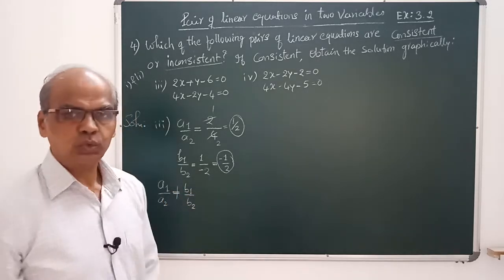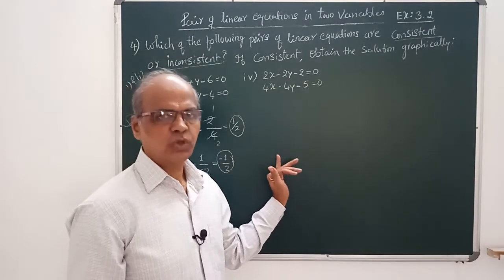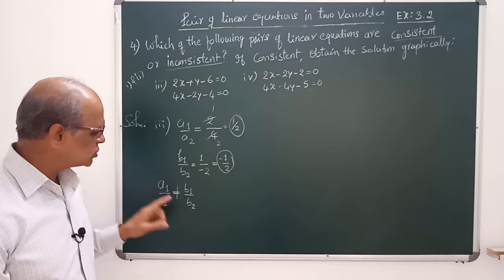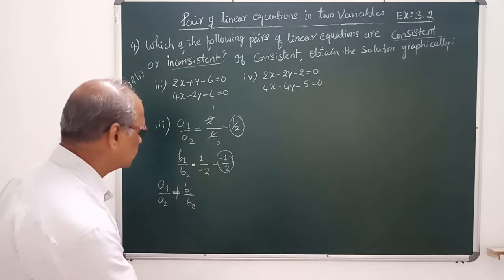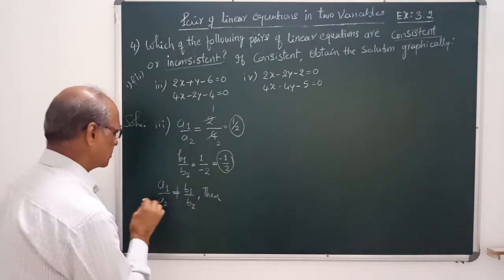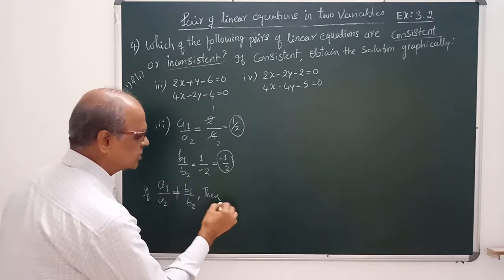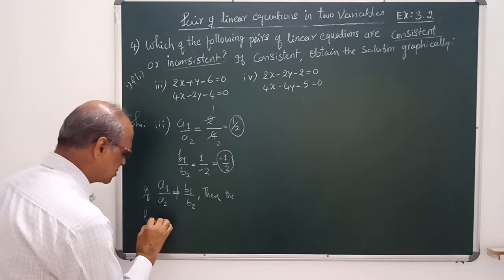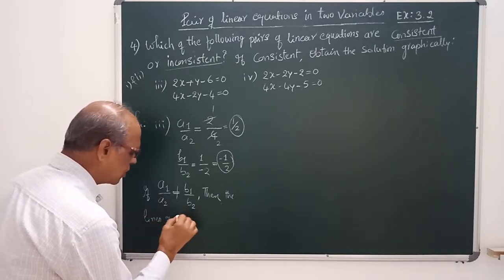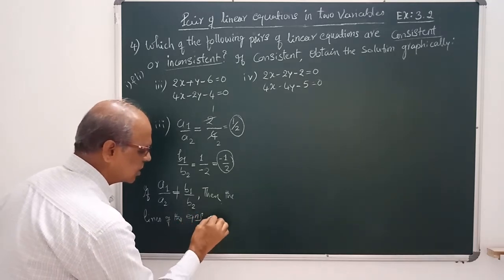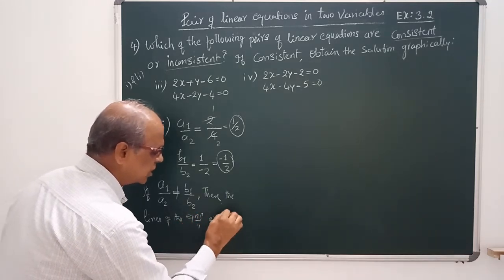So according to the tabulated format which you have studied in the textbook, if the ratio A1 by A2 is not equal to B1 by B2, then what happens? The lines of the equations are intersecting.